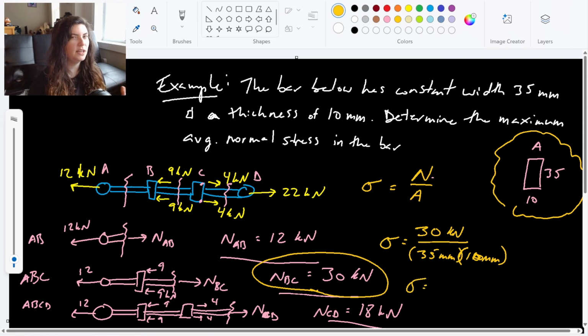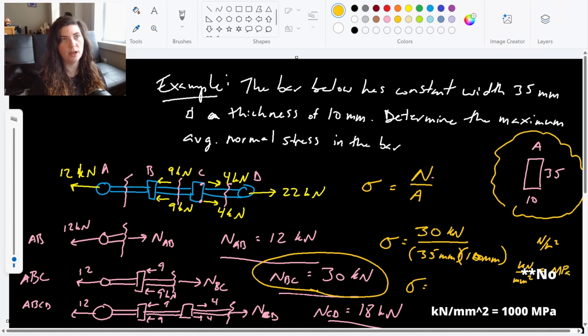And then we'll have to pay attention to units here a little bit, because if we'll recall, a Pascal is a Newton per meter squared. But here we have kilonewtons now over millimeters squared, which we can shortcut if you want. A kilonewton per millimeter squared is going to be a megapascal.